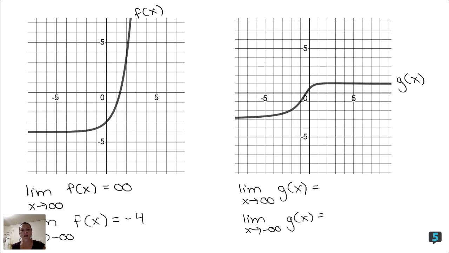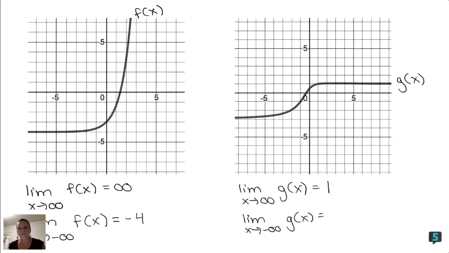Let's start in the chat with what you think the limit of g of x as x approaches infinity is. Yeah, awesome. Looks like we're all on the same page there.